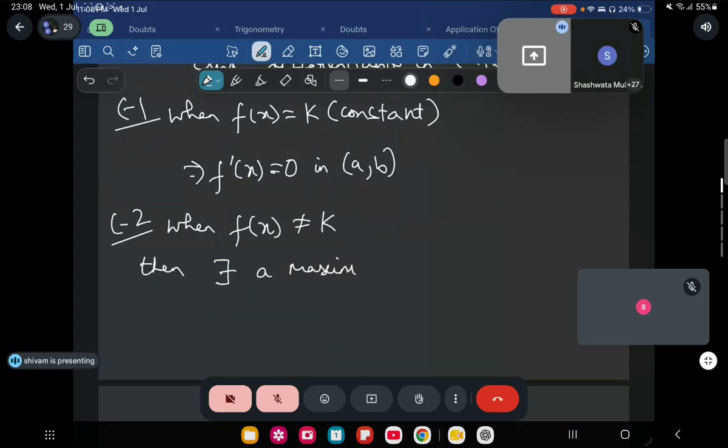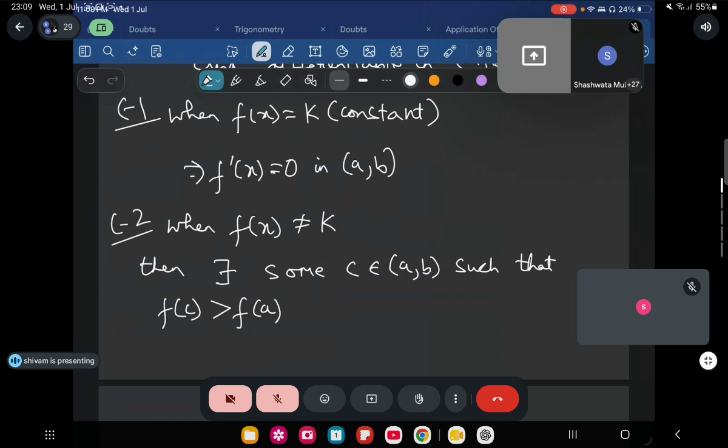If f of x is not equal to k, then there exists some c belonging to (a, b) such that f of c is maxima, or you can say f of c is greater than f of a.